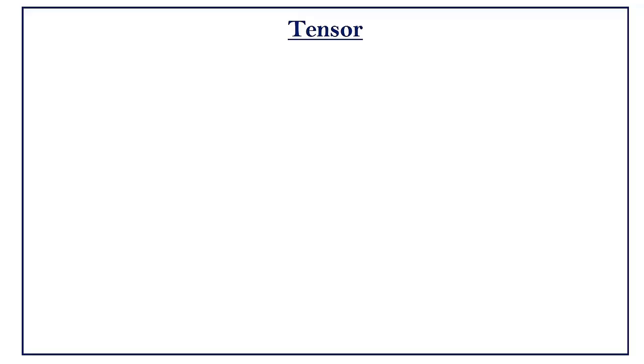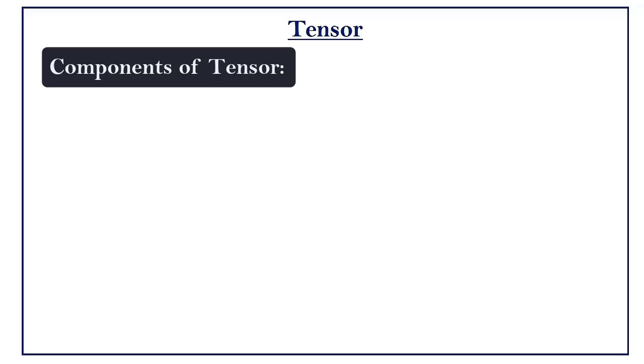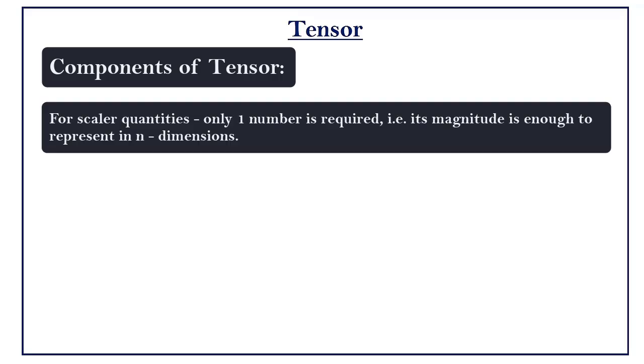Now, once we fix the rank of a tensor, we can easily say how many components are present in that tensor quantity of rank R. Let's find out. You know that for a scalar quantity, only a magnitude is required to present that scalar quantity in an n-dimensional system. More precisely, only one number is required.